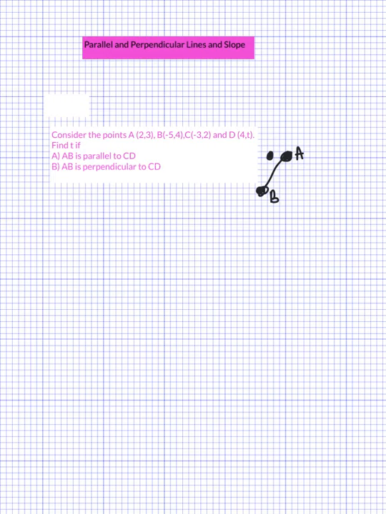We don't know where D is, but we're trying to find where D is. We know that its X value is 4, but we don't know what its Y value is. So we've got to work out what the Y value of D is. D is not there, that's just the X value of D, which means that D lies somewhere along here, but we don't know exactly where.